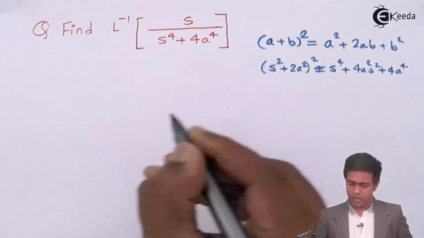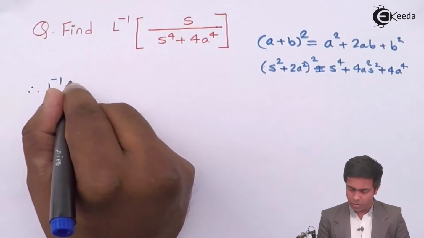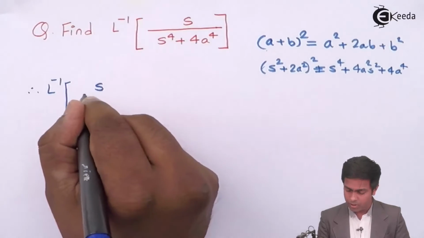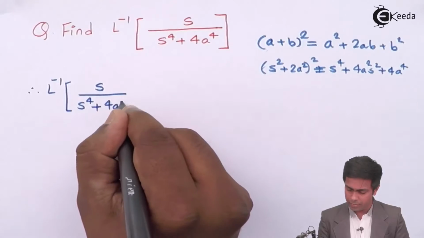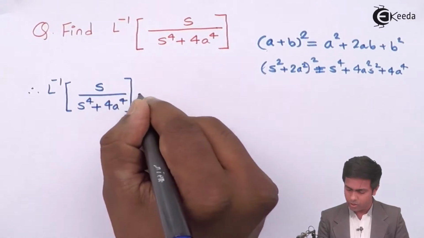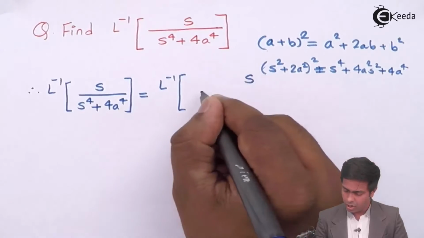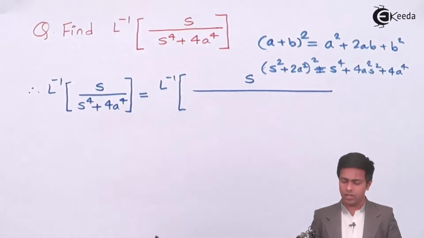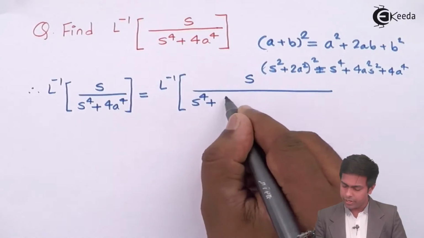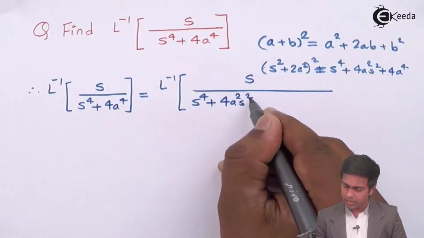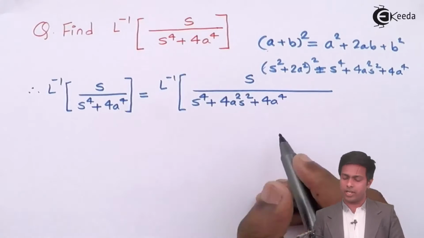So we'll say, therefore, L inverse of s upon s to the power 4 plus 4a to the power 4 is equal to Laplace inverse of s upon s to the power 4 plus 4 times a square s square plus 4a to the power 4. Here I have added that term.